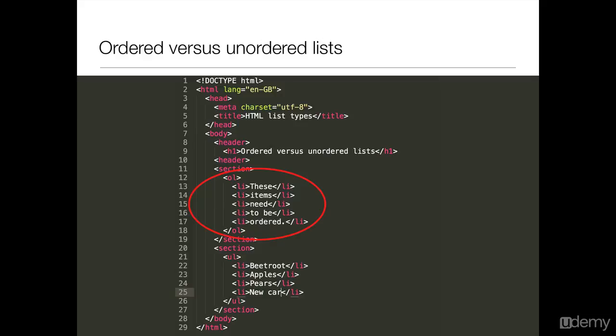And this sort of thing you'd use for a sequence of operations, actions in a recipe, for example, in a cookery recipe, a possibly temporal series of events, something like that. So use an ordered list for that.